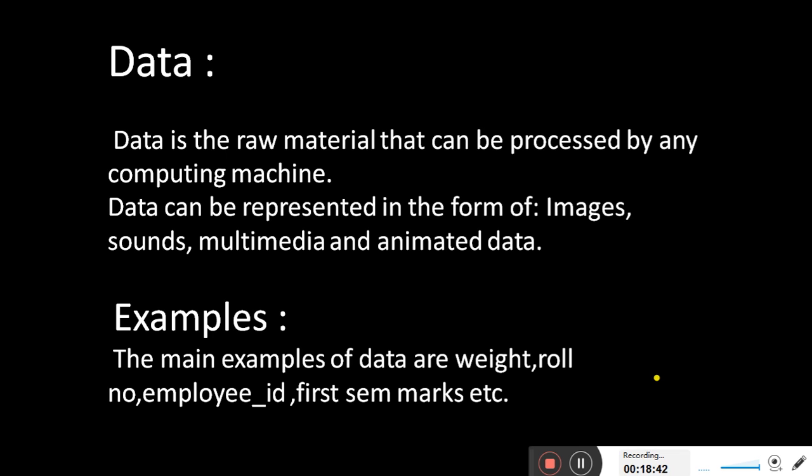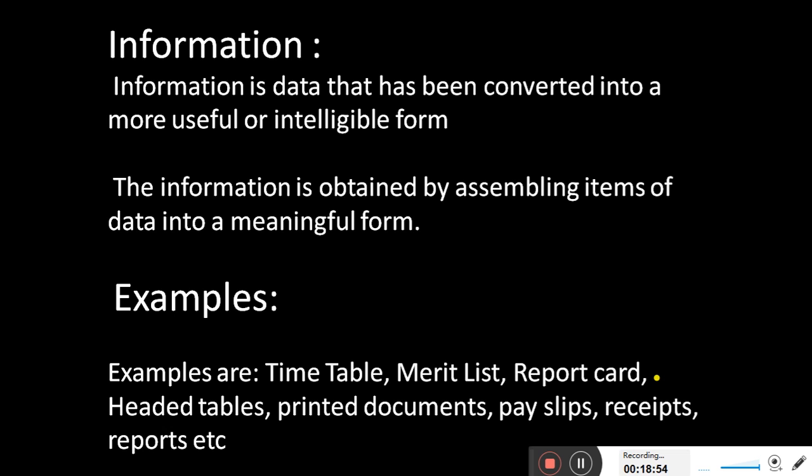Correct? The main examples of data are weight, roll number, employee ID, first sem marks, etc. These are the examples of data. Now we will see the information. Information is the data that has been converted into a more useful and intelligible form.